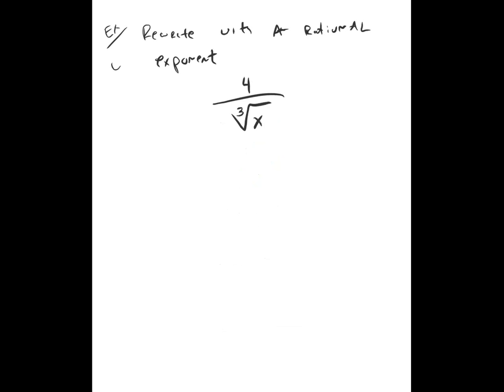Okay, next example. Rewrite with a rational exponent: 4 over the third root of x. So now they want us to write this with a rational exponent.